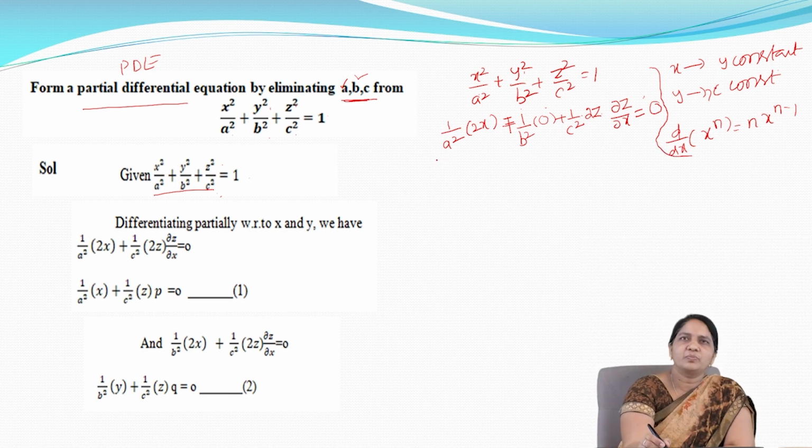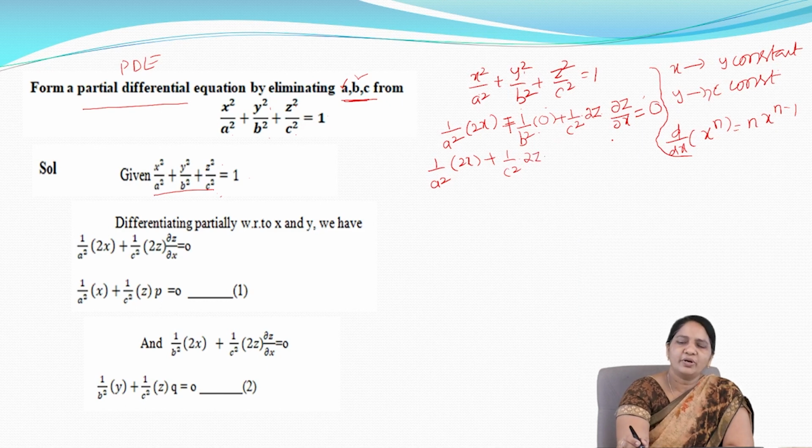Now I am simplifying: 1 by a square into 2x plus, this term is 0, so 1 by c square into 2z into dou z by dou x. Already we know the notations: dou z by dou x equal to p and dou z by dou y equal to q. So I am replacing these values here.